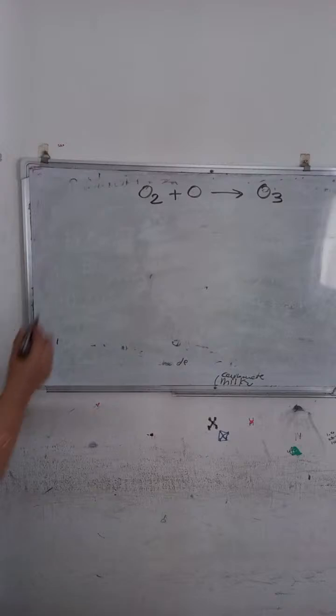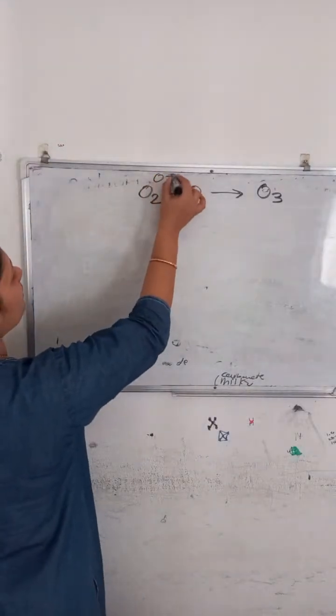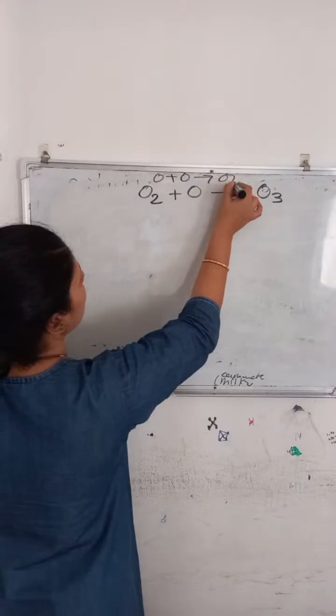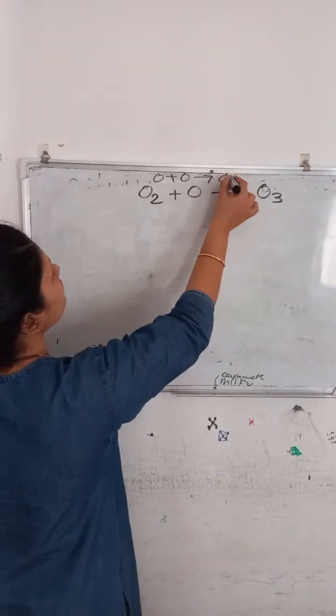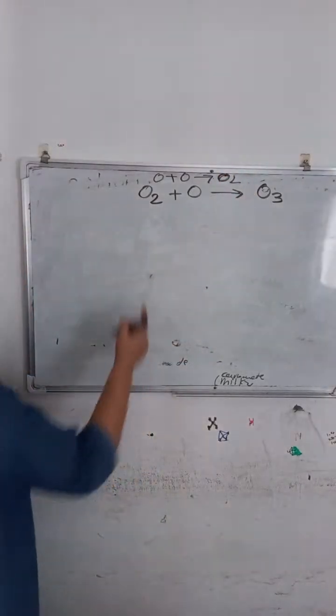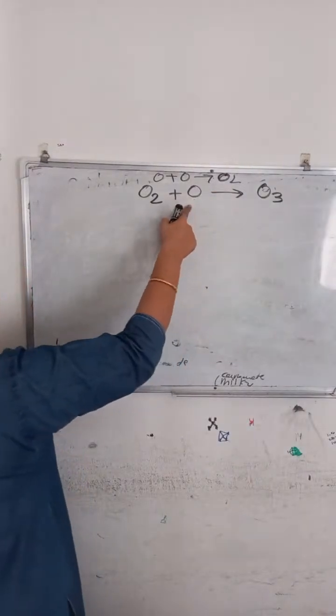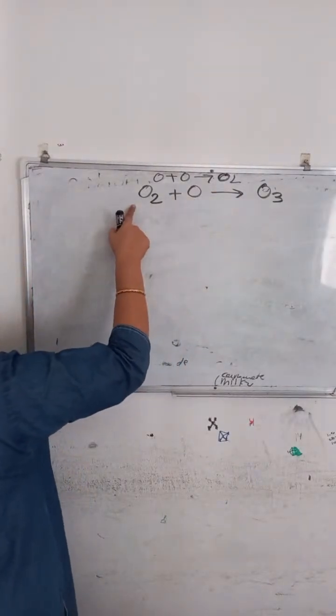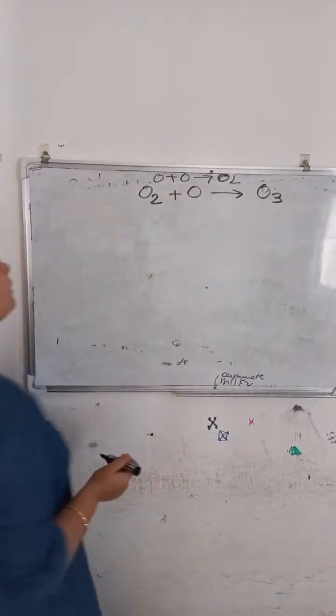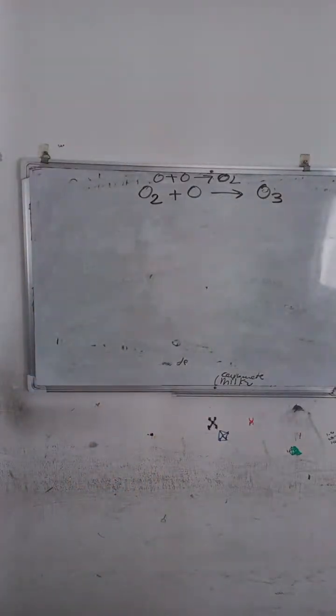Or before that, you can write that two oxygen atoms form O2: O plus O is O2, and one more oxygen atom gets added to the O2, then it forms O3. This is the reaction they require. So whenever this question comes, first write the formation of ozone. And why must we avoid the excessive use of CFCs?